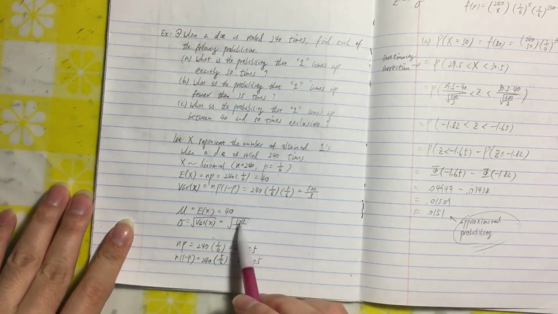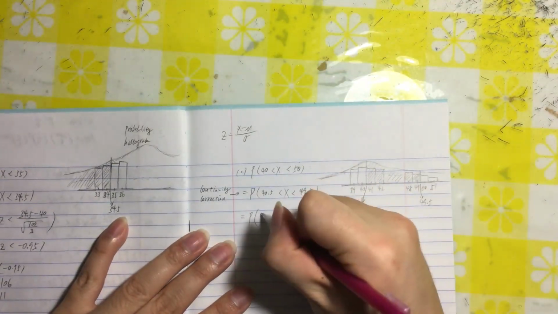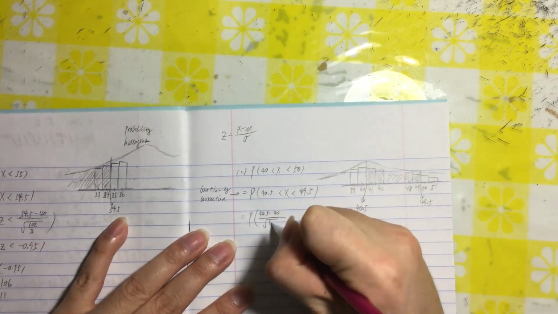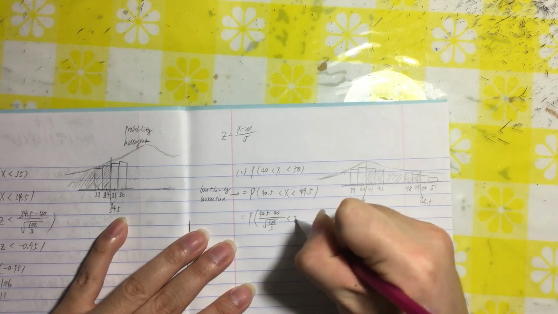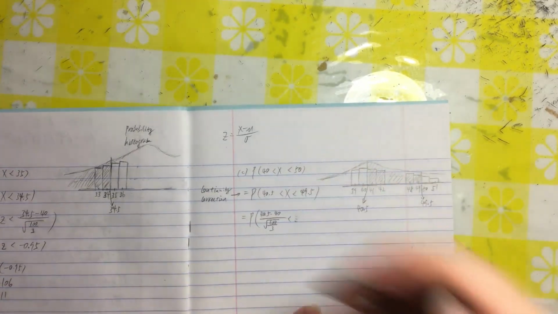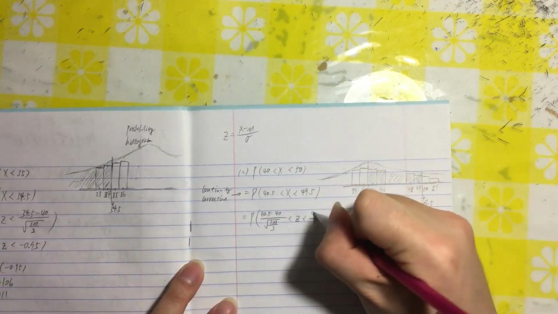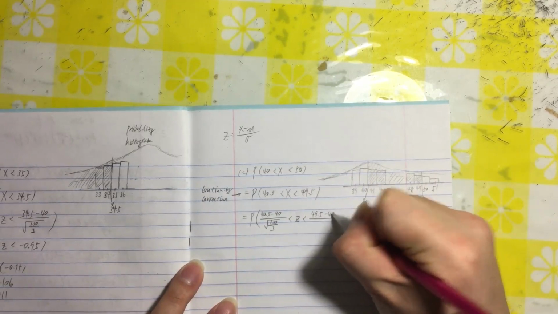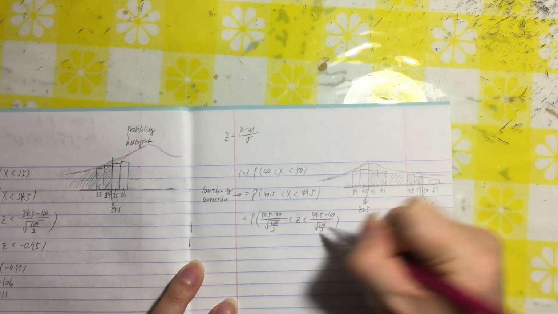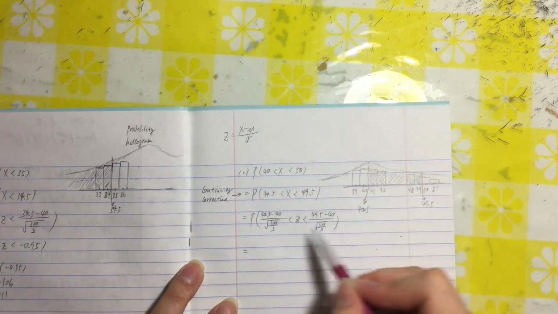Sigma is square root of 100 over 3. So I have 40.5 minus mu over sigma, and for 49.5, I do 49.5 minus mu over sigma. Then calculate this expression using a calculator. Round to 2 decimal places.